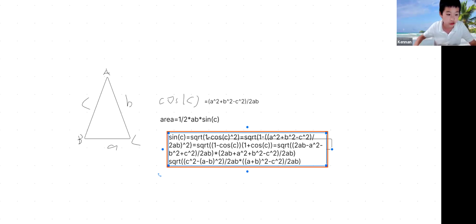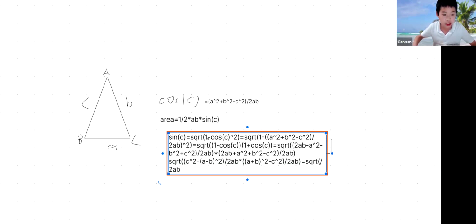Okay, so let's evaluate this. We can factor out 1 over 2ab, because we have 2ab here and 2ab here. So this equals 1 over 2ab times the square root. For c squared minus a minus b squared, we can use the difference of squares again.